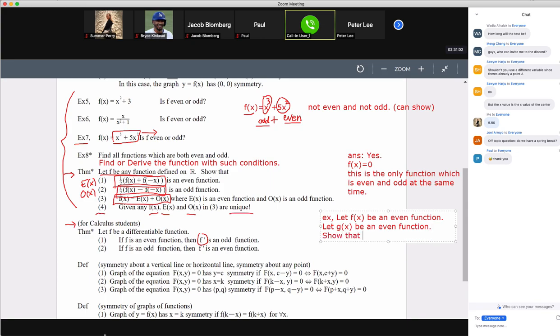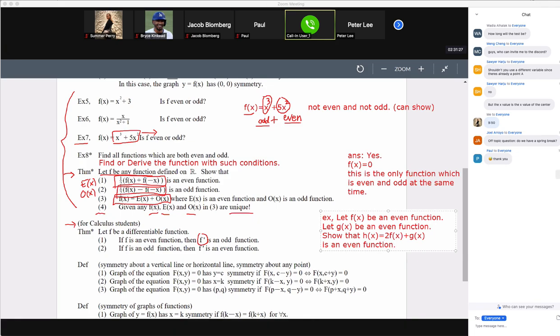Show that h of x is equal to 2 times f of x plus 3 times g of x is an even function. So I could give you a problem like this.